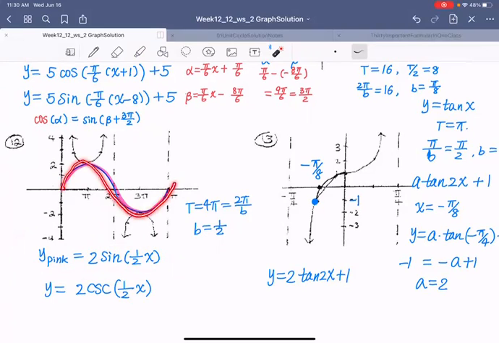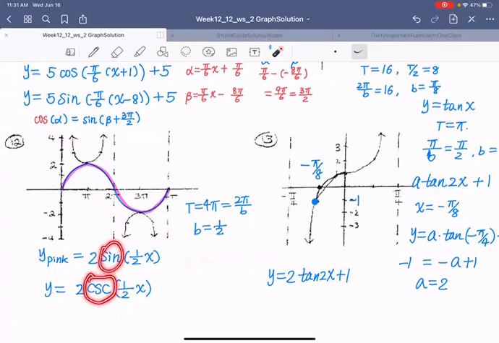this is a sine. Who makes this point go to infinity? You do a reciprocal, 1 over 0 goes to infinity. So this graph means 2 times 1 over sine of 1/2 x. That means cosecant. Reciprocal of sine is cosecant.